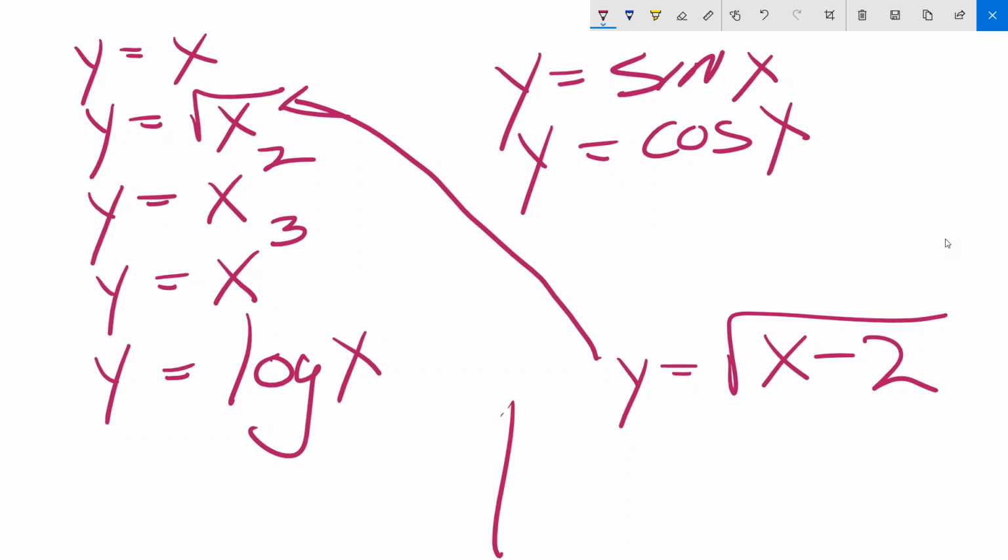Whereas here is y equals square root of x, over here is y equals square root of x minus 2. So that's the way transformations work. You have to be able to add or subtract or multiply or put a negative sign in there for a reflection from your elementary function.